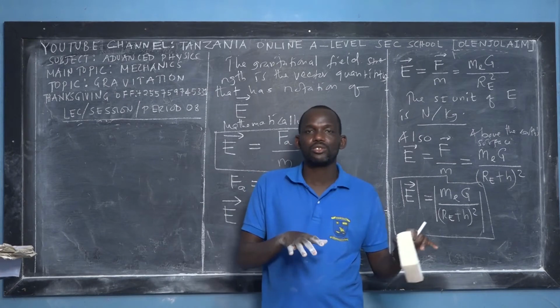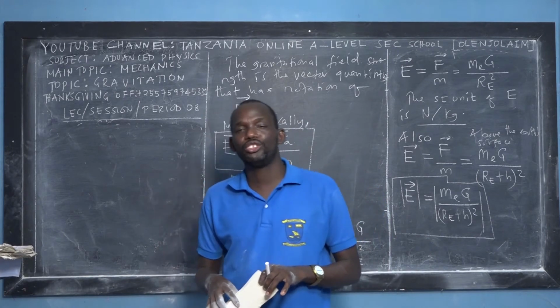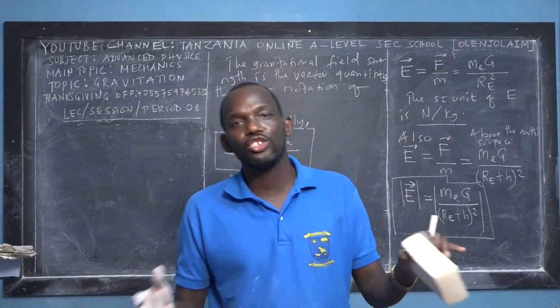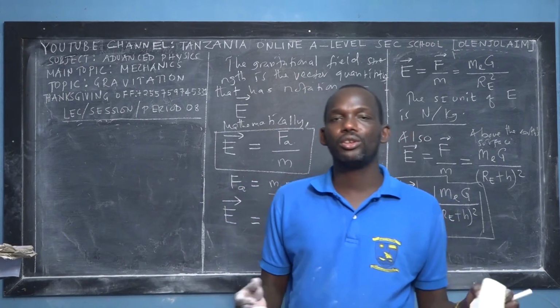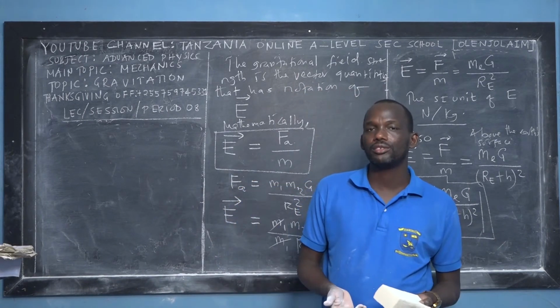Remember, the region where there's no gravitational field, we call it the infinity region. And the region where there's a gravitational field, we call it the gravitational field region, right?